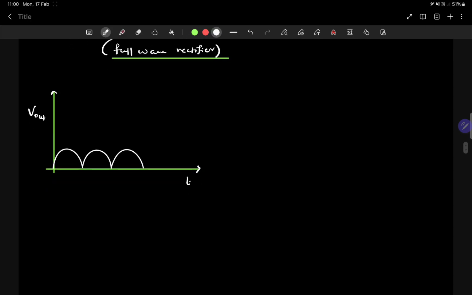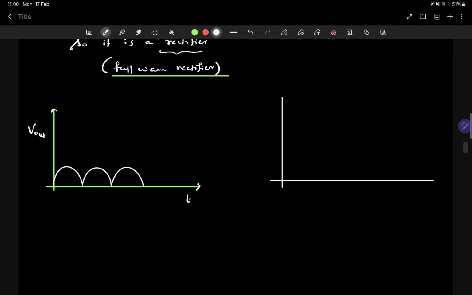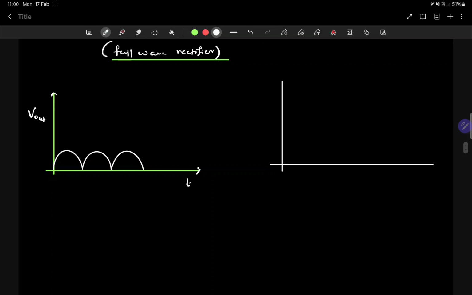And output waveforms of Y, this is your rectifier, this is your filter circuit. Element Y is filter circuit. So filter circuit means, what is its role? It converts pulsating DC to pure DC.